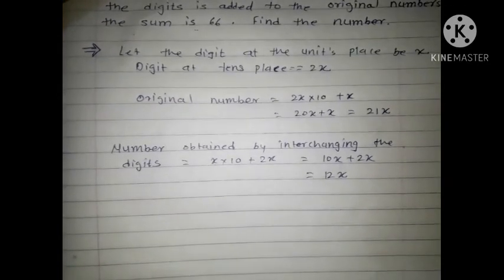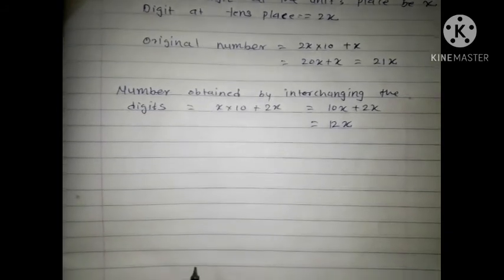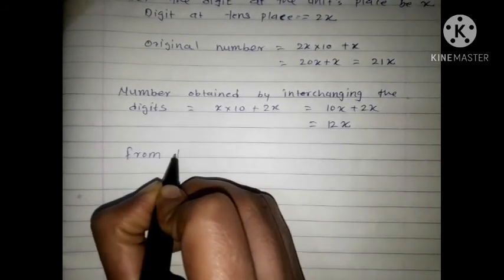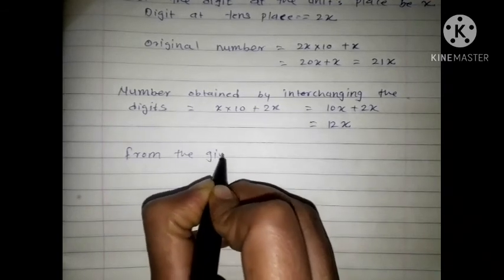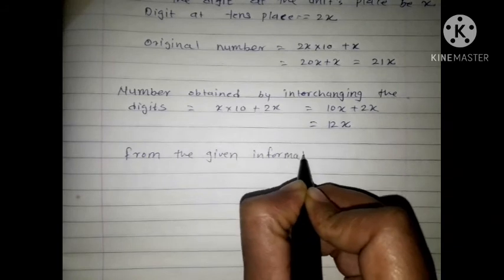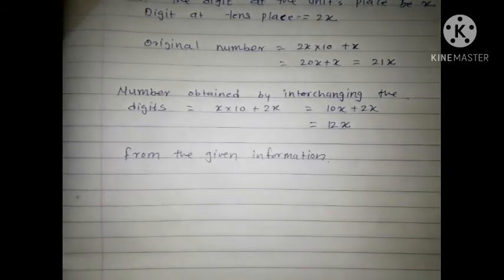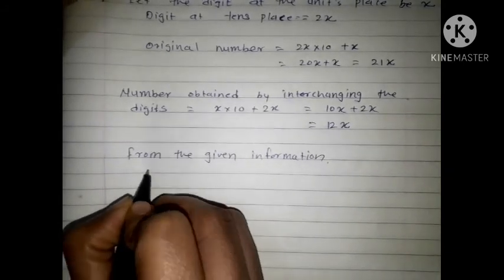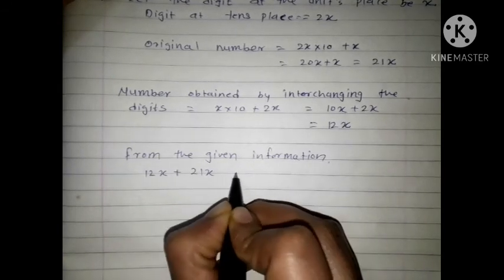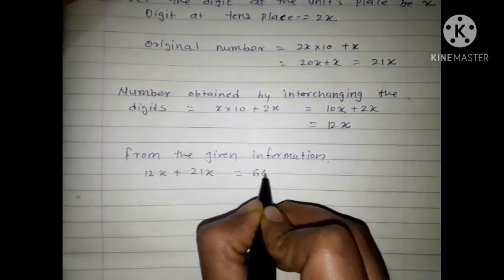From the given information, 12x plus 21x is equal to 66.